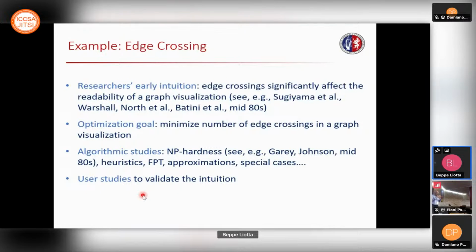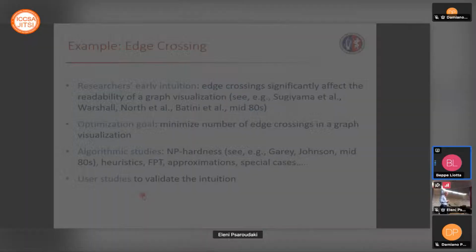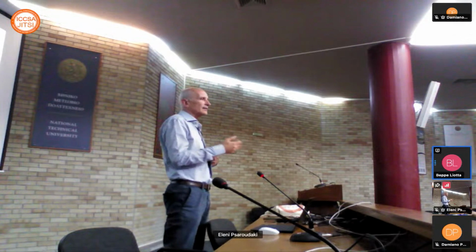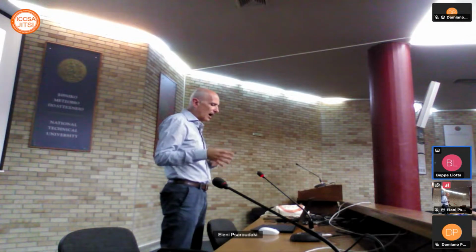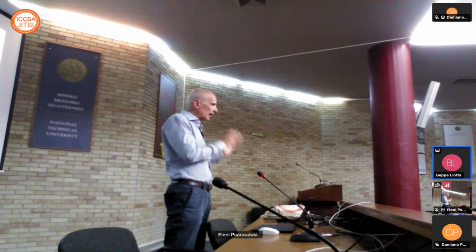If you have a drawing of a network with many edges that cross each other, it's harder to read compared with the same network with fewer crossings. So the optimization goal is now to minimize the number of edge crossings, and the algorithmic study started: NP-hardness, heuristics, fixed-parameter approaches, and so on and so forth.